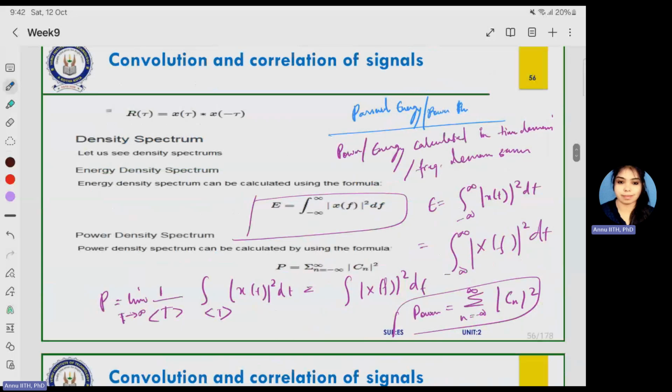Similarly, power calculated in time domain is equal to summation of the square of Fourier series coefficients. So you have to remember that.